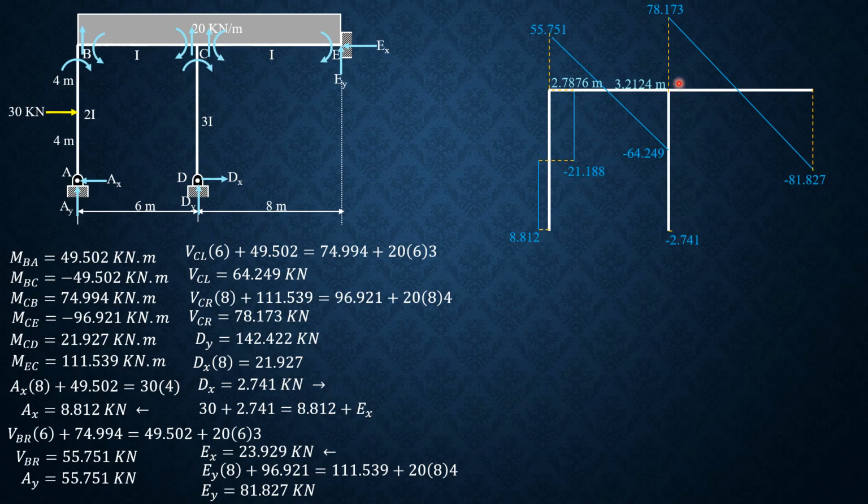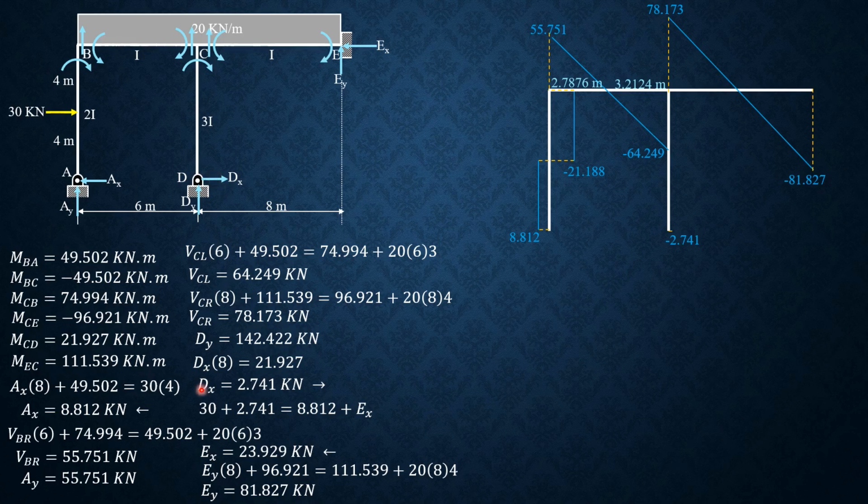So by the way, for this part, this is the top fiber at the left. So if Dx is rightward, then you go down. Dx, because this is the left and that's the right.